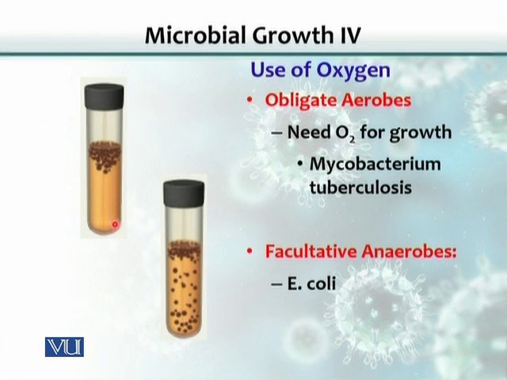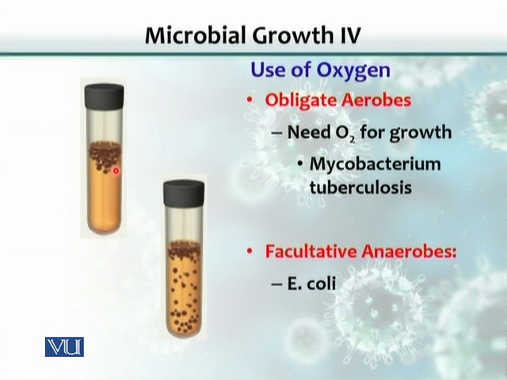You can very easily see that an organism that likes the presence of oxygen would show maximum growth at the top of this medium, because oxygen is more prevalent here than it is here. So these dots basically show bacterial growth diagrammatically.